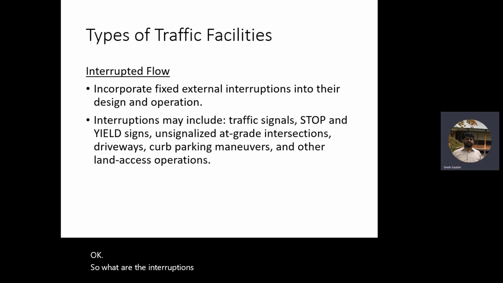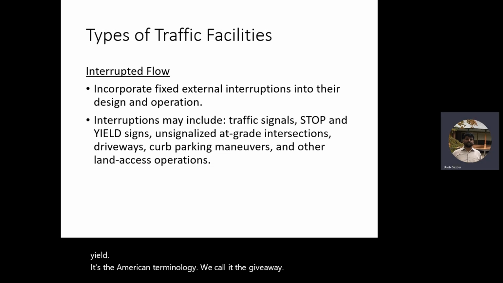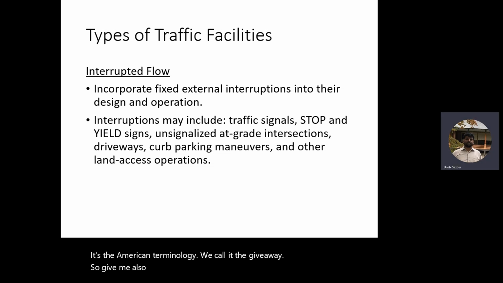Okay. So what are the interruptions? We can have traffic signals, stop signs, yield is the American terminology. We call it give way. So give way also means that you have to stop. Like roundabout. Roundabout is part of it. Any unsignalized intersection, because at an intersection you have access. So even if I don't put a sign or a signal or roundabout there, most of the time you will stop because of the access.